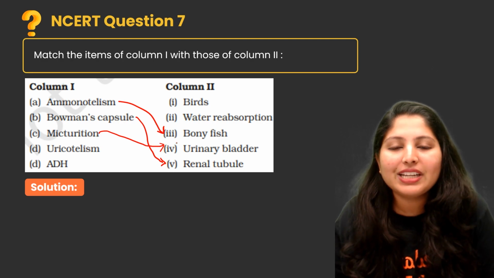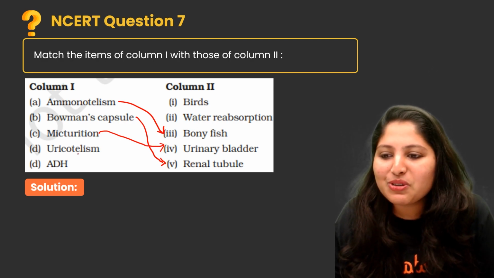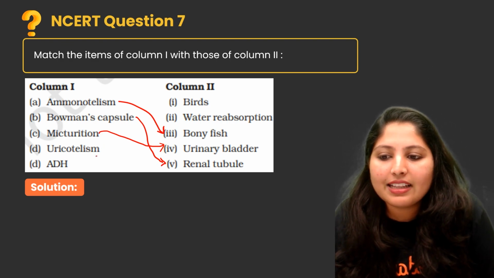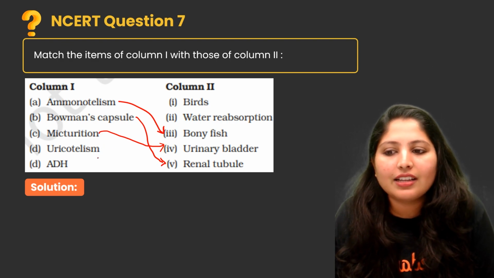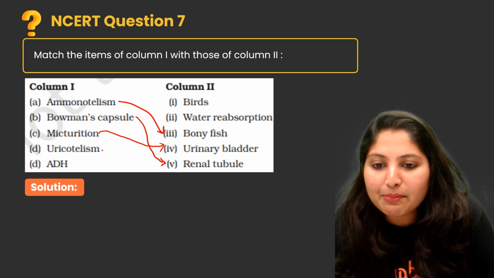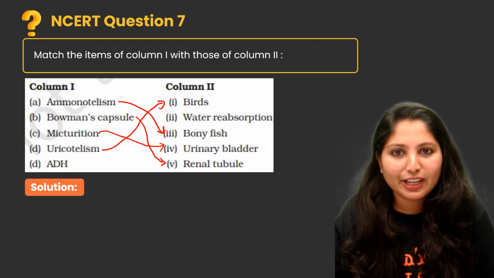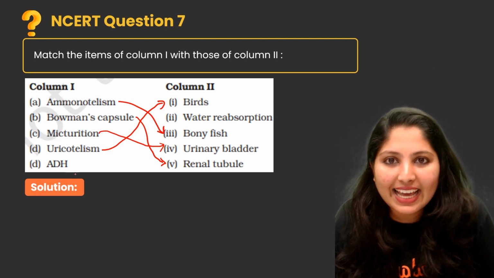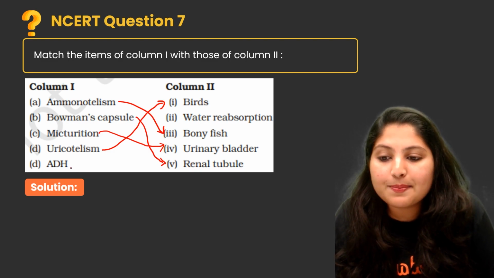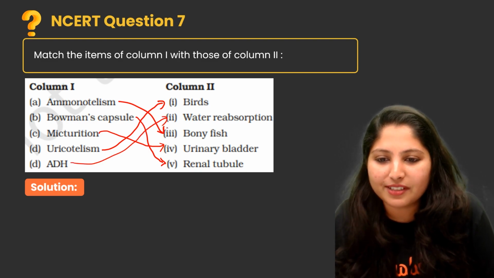In the urinary bladder. Next one is uricotelism. Uricotelism means the organism or the process of removal of uric acid. This happens in birds. Next one is ADH, antidiuretic hormone. Antidiuretic hormone helps in water reabsorption.